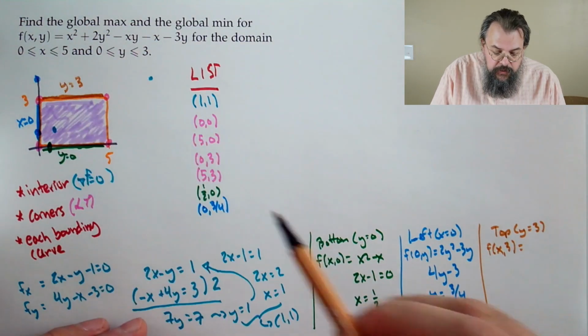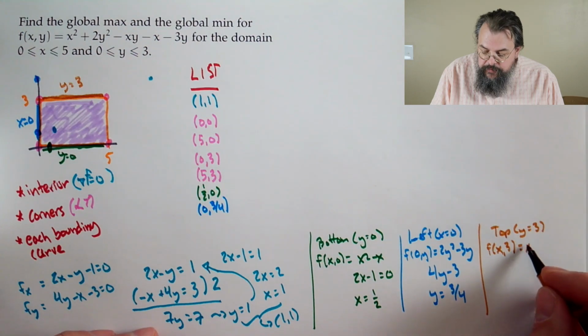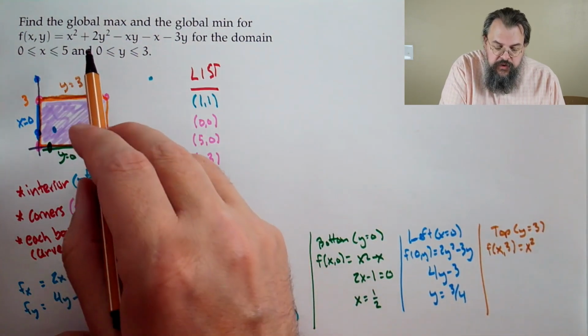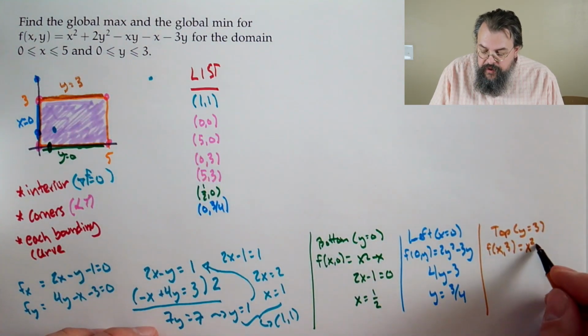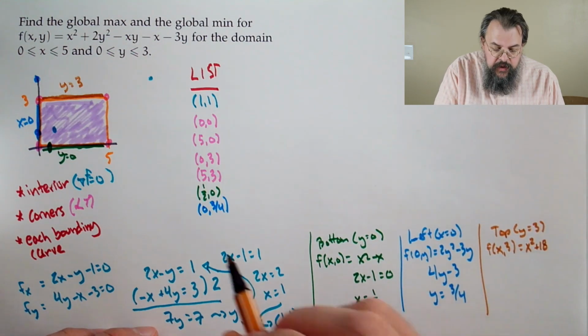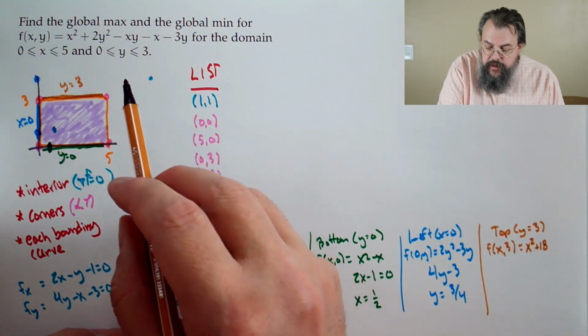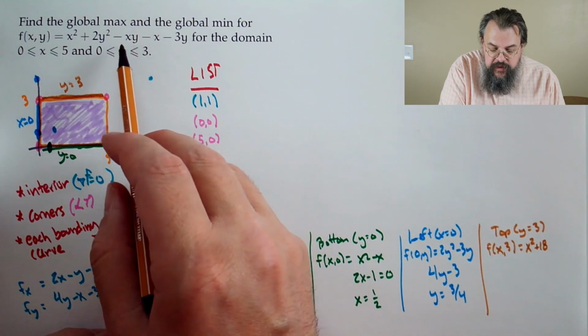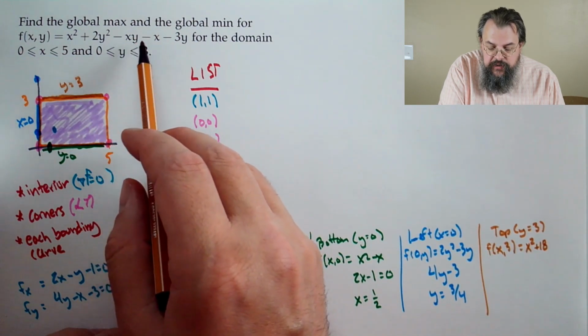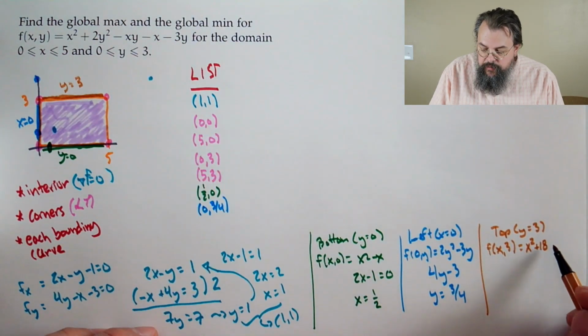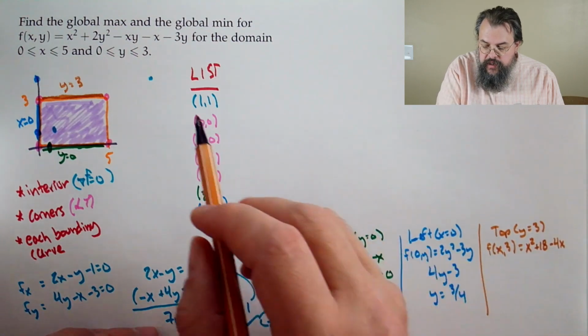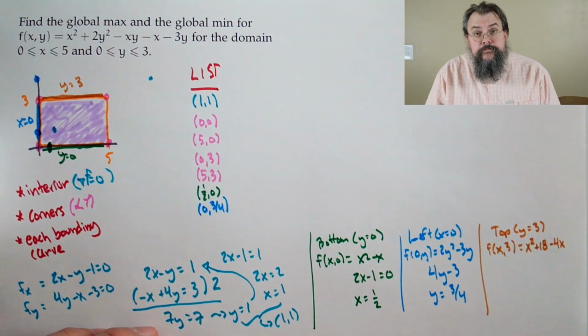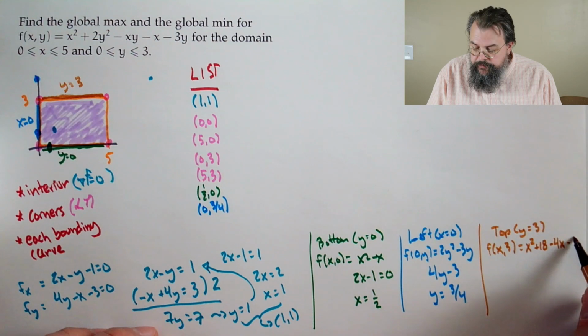So we have x squared plus 2 times 9, so that's plus 18, minus 3x, because y equals 3, minus x, that's really minus 4x, and then minus 9, because y equals 3.